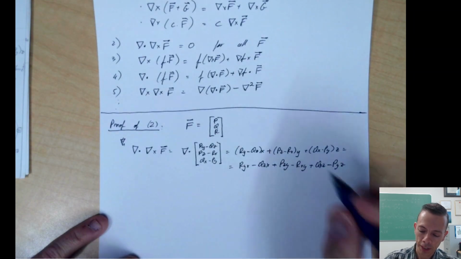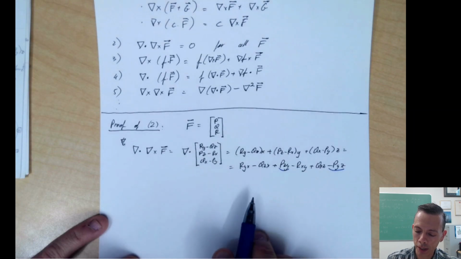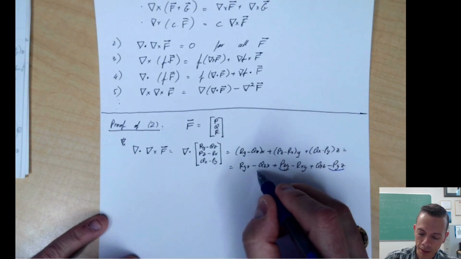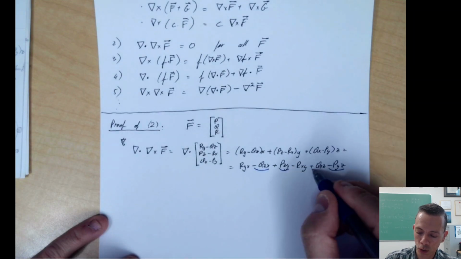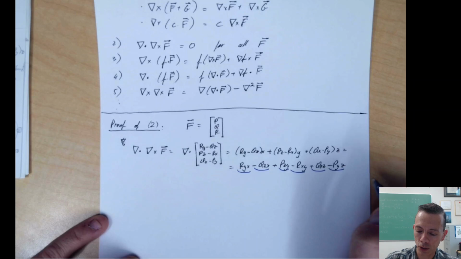So if you recall that pyz and pzy are the same thing, you see these two terms cancel each other. Same thing with qzx and qxz and ryx and rxy.